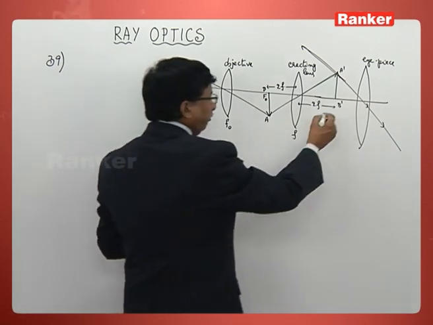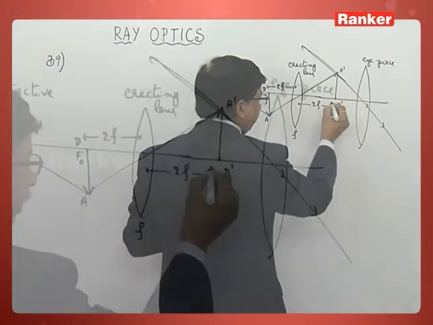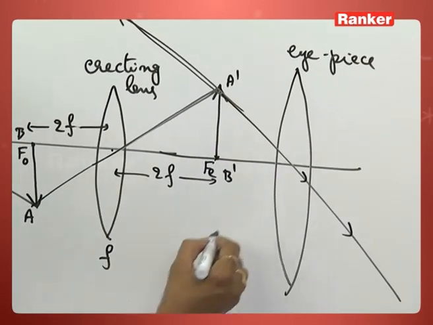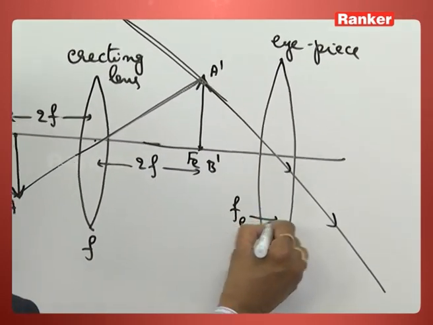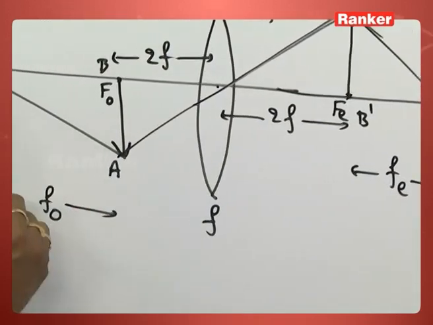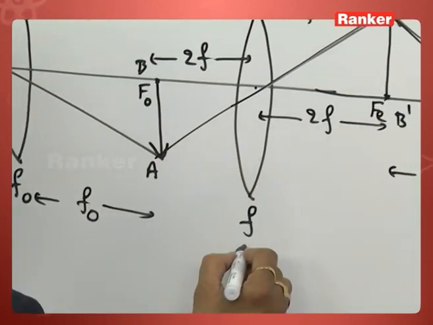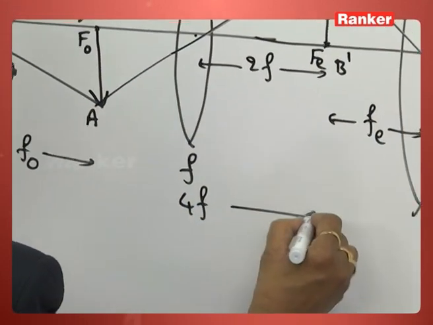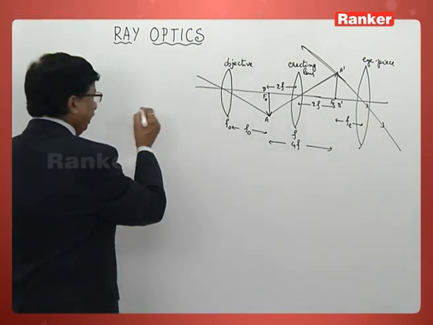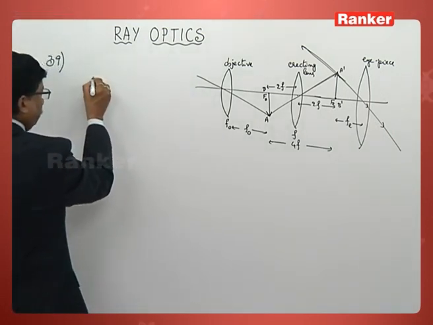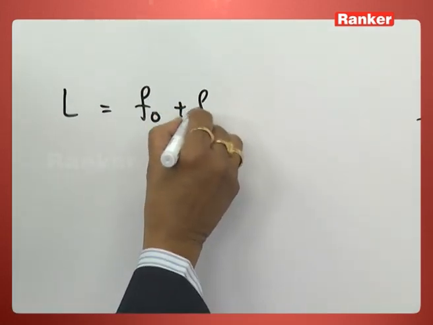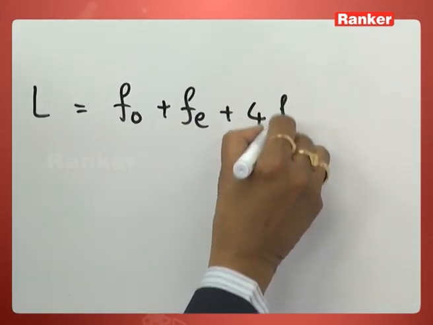If you take the final image to be formed at infinity, this point must be its focus. So, you definitely can understand this is the focal length of eyepiece. This distance is the focal length of objective. This total distance is 4 times the focal length of the erecting lens. Then the length of this terrestrial telescope is equal to FO plus FE plus 4F.